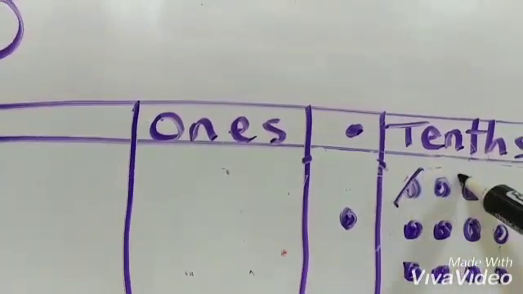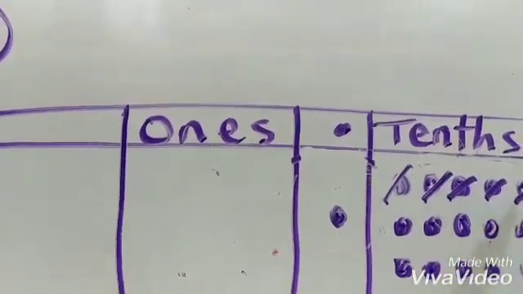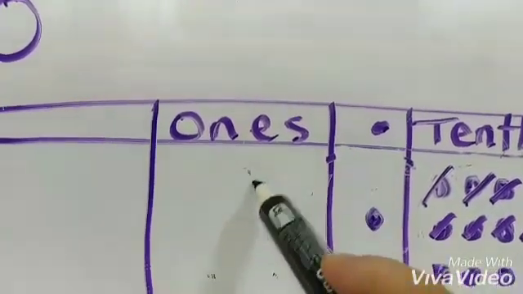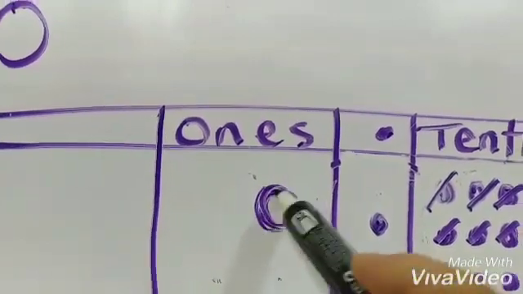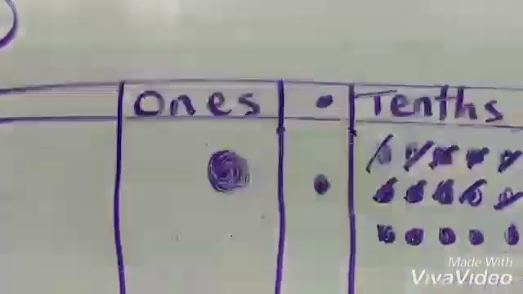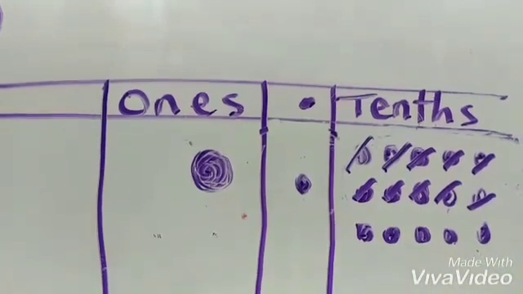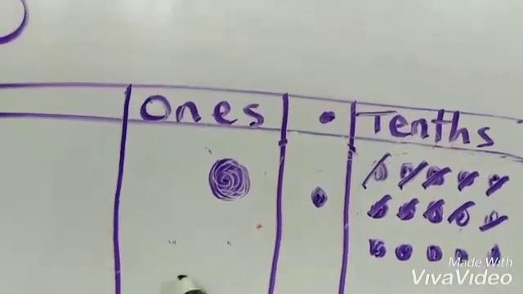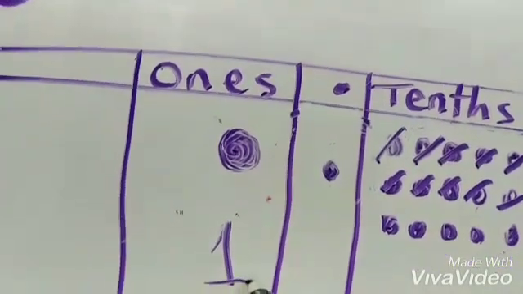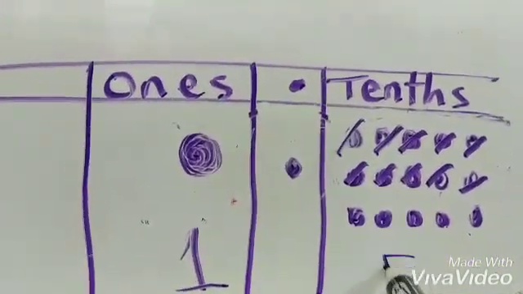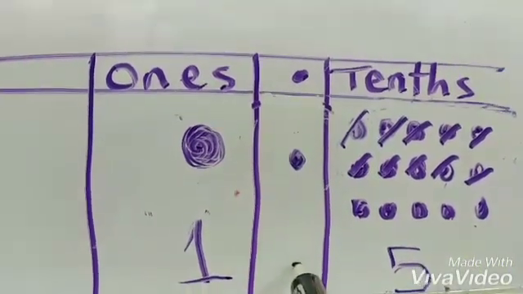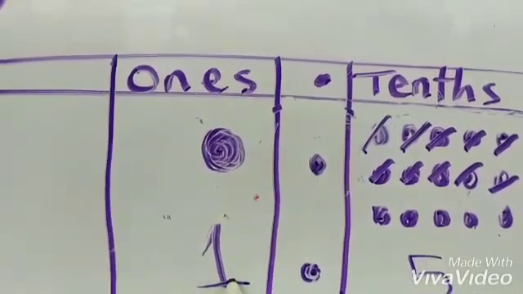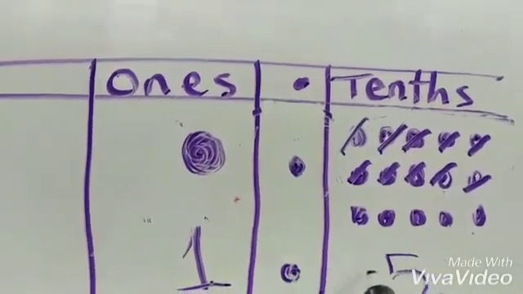So we can take 10/10 from here to make 1 unit. Now only 5 tenths were left. So our new number is 1 unit and 5/10. And don't forget the decimal point in the middle. We can read this number as 1.5.